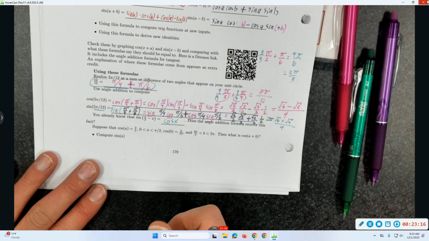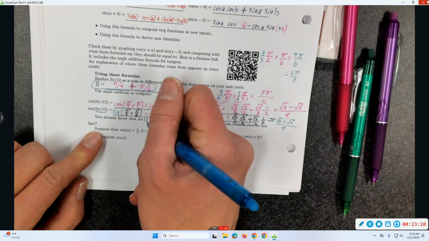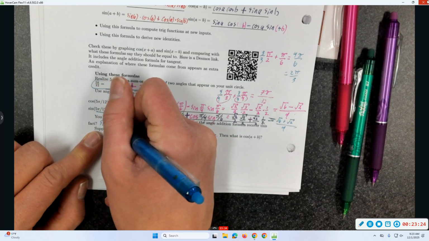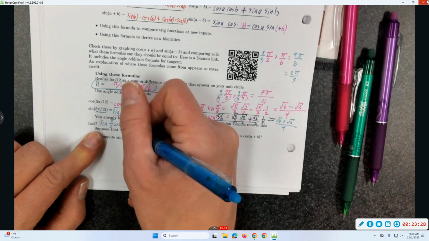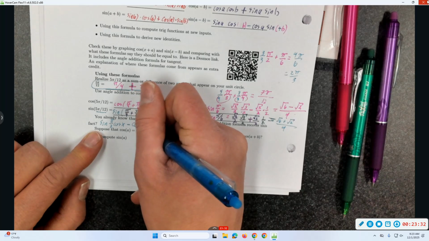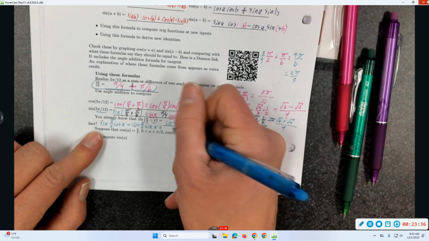Let's double check that real quick. So what should this be? Well, I see subtraction. So that should be sine pi over 2 cosine x. There's a minus, so minus cosine pi over 2 sine x.